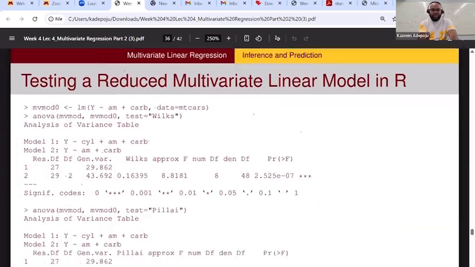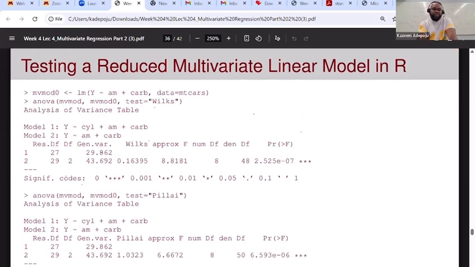But how do we do it in R? If you go by the example that I gave the other time, my Y, don't forget, is a vector, not just a single response. There's a lot in it, that's why we have the MPG, the HP.